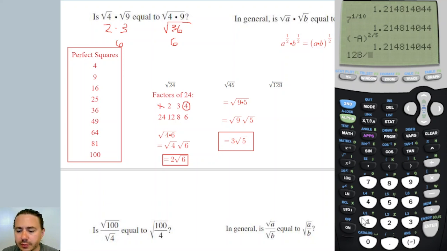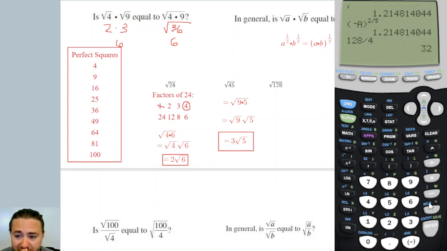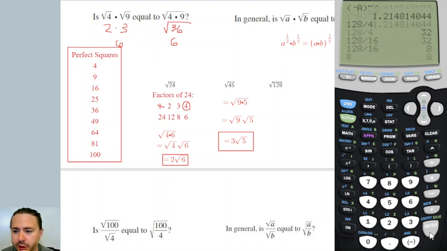128, there we go. All right, divided by 4. Okay, so we got a factor of 4, but 32 has a factor of 16. So let's try 16. 128 divided by 16, we might even need to go bigger than that. 8 still has a perfect square factor, which is 4, so we can even go bigger. Let's try 36. 128 divided by 36.